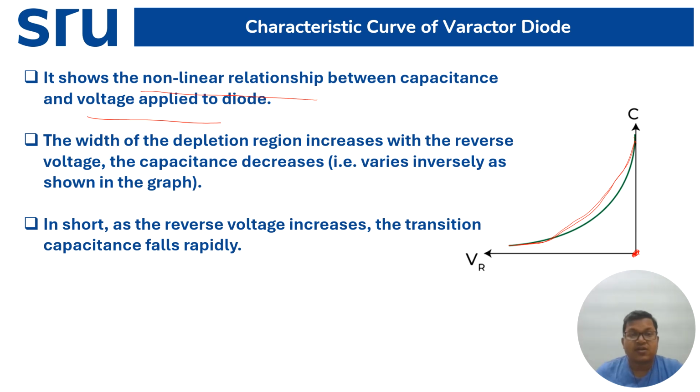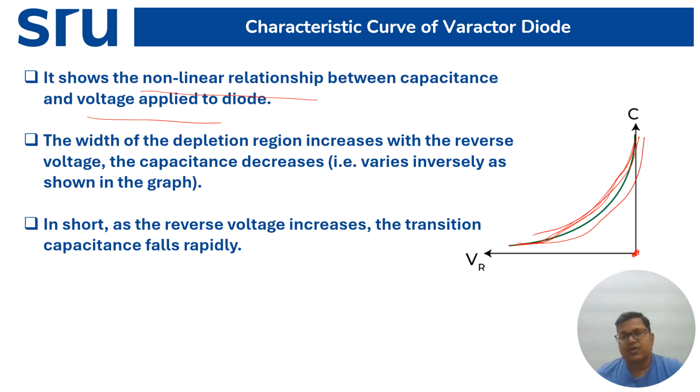Although we are directly saying that it is proportional to this thing, it is nonlinear in nature. The width of the depletion region increases with the reverse voltage, and the capacitance decreases, that is, it varies inversely, as shown in the graph. These things we have already discussed in our previous slide, and it is just reiterating the same thing, right?